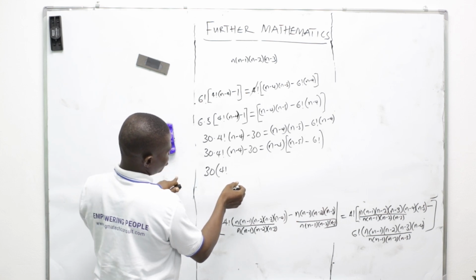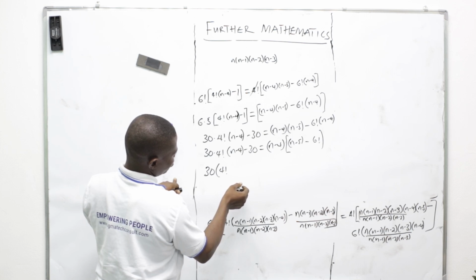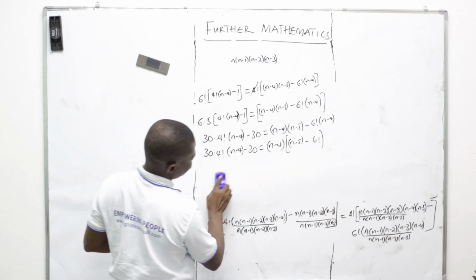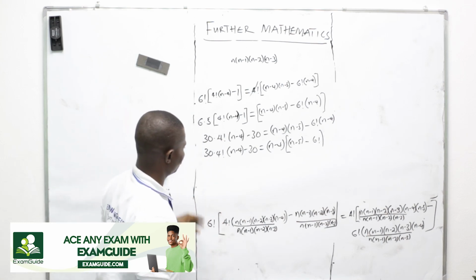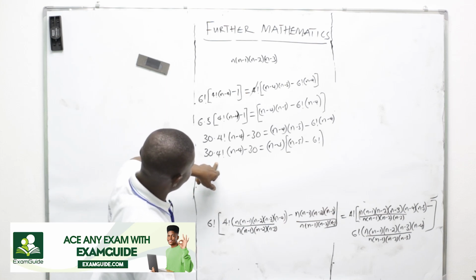okay. Let's see, 4 factorial into 6 factorial.